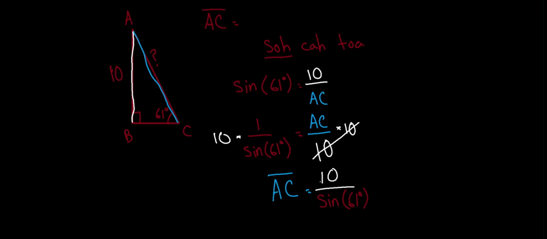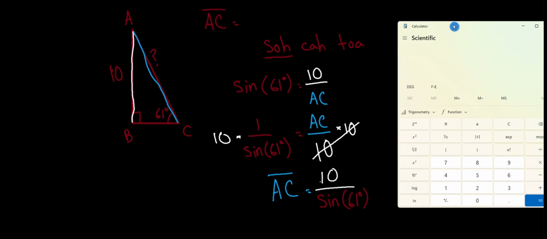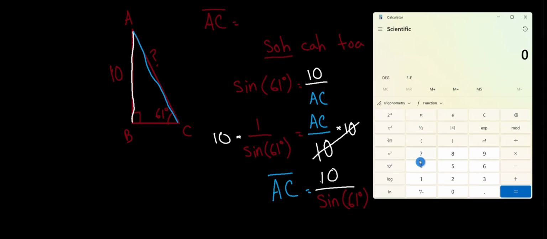And now we're just going to put this into our calculator just to find out what this is. So let me get the calculator in here. 10 over the sine, which is in the trigonometry button. And I'm not going to press sine yet. I'm just going to put 61, sine. That's going to give us sine of 61. 10 divided by that is going to be 11.4.